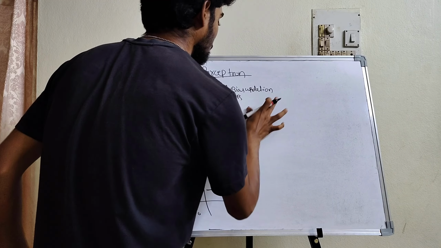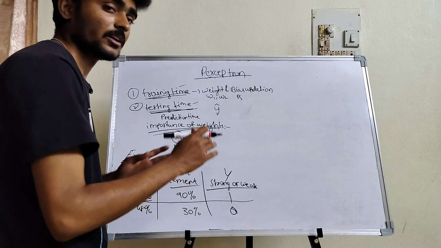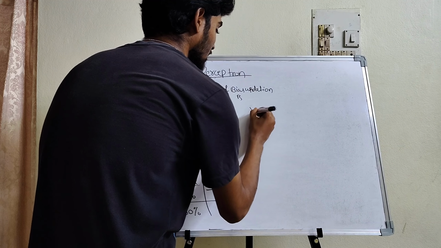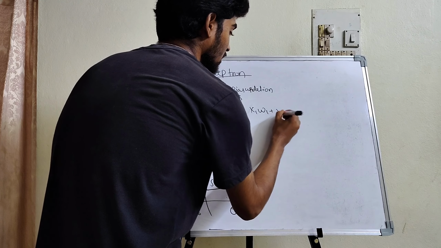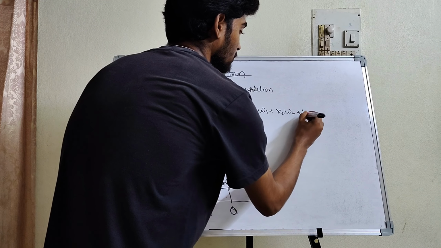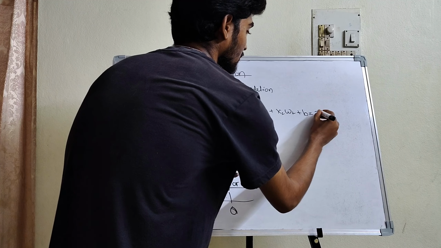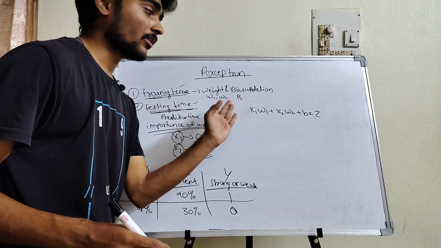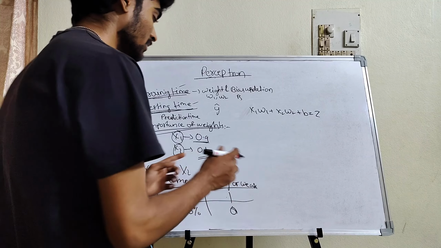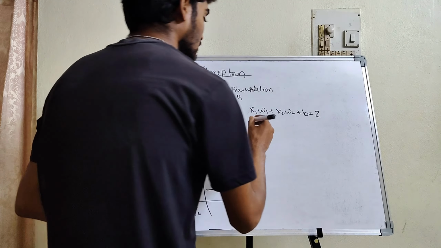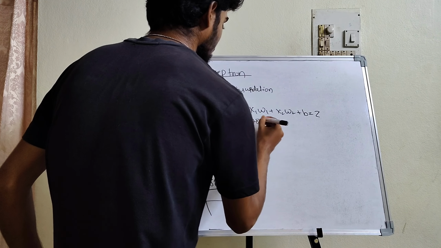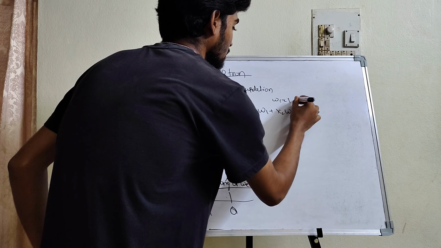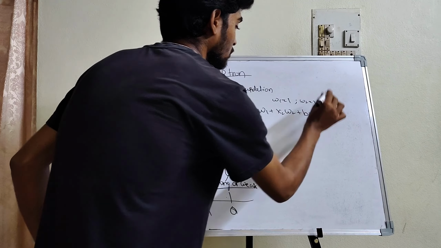78 means that when you pass this data to a perceptron, you will get the equation x1 w1 plus x2 w2 plus b is equal to some z value. I have shown you this equation, right? Similarly, if you substitute these values, 78 into, let's say w1 is equal to 1 and w2 is equal to 2.